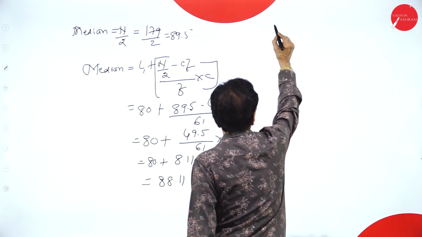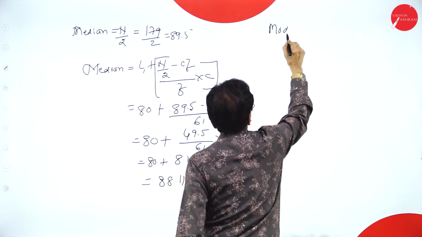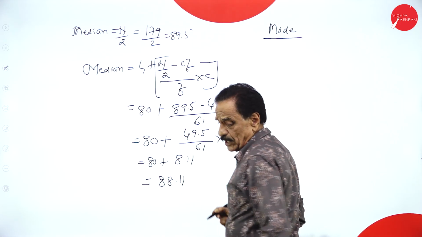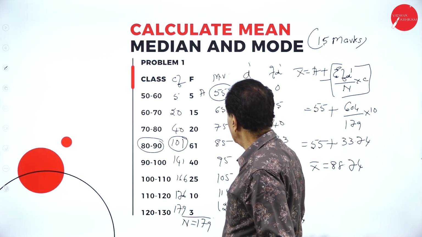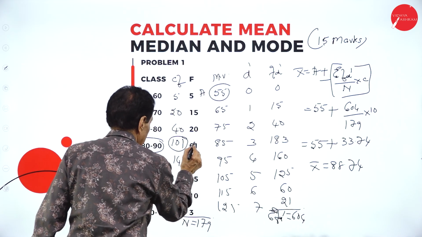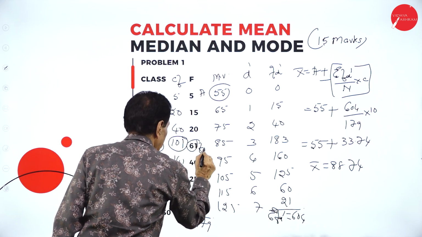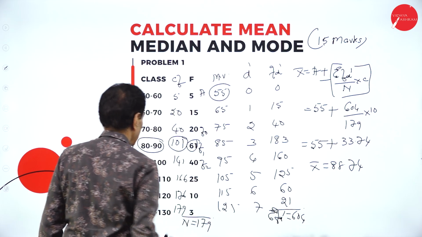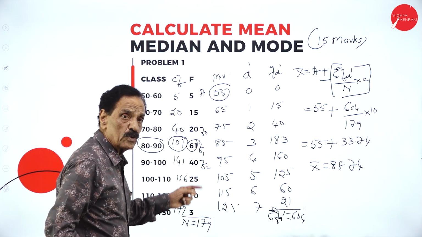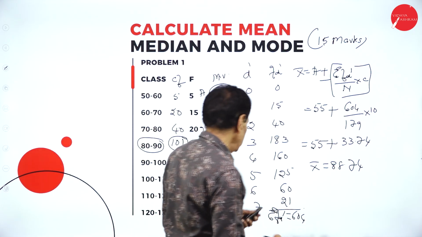Then mode. Mode lies in the highest frequency. Which is the highest frequency here? 61. This is your F1. Behind is F0. Next is F2. Your modal class is 80 to 90. I will write the formula now.